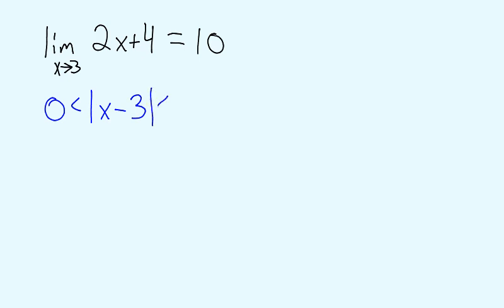So 0 is less than the absolute value of x minus 3, because 3 is our index value, and this has to be less than our teeny tiny value delta. At the same time, the absolute value of 2x plus 4 minus 10 has to be less than epsilon. Remember, epsilon is also supposed to be a teeny tiny value. But what value is delta and what value is epsilon?